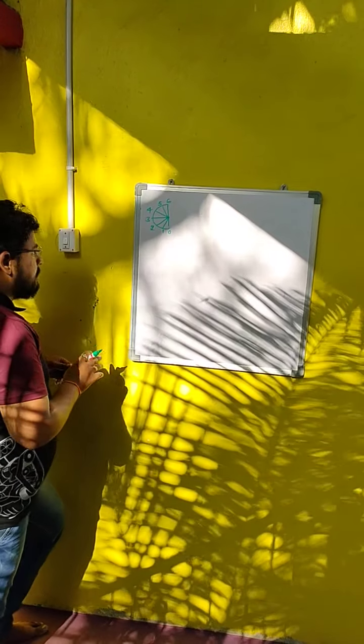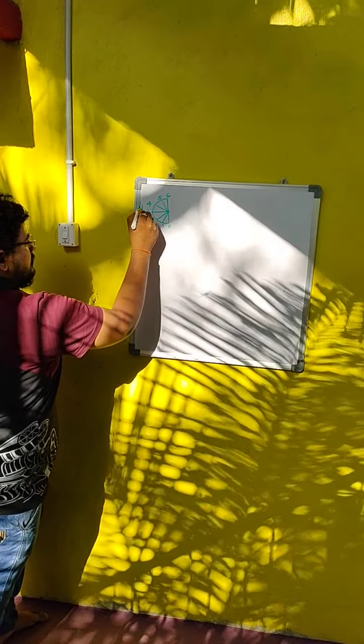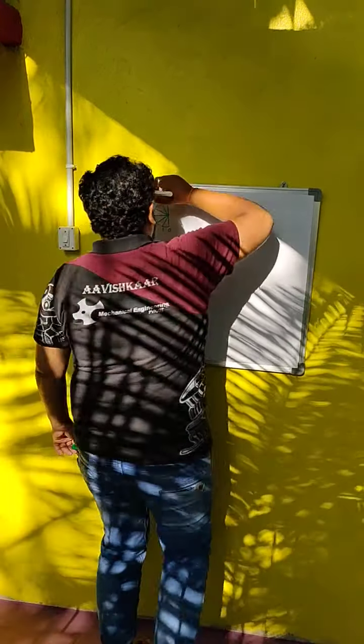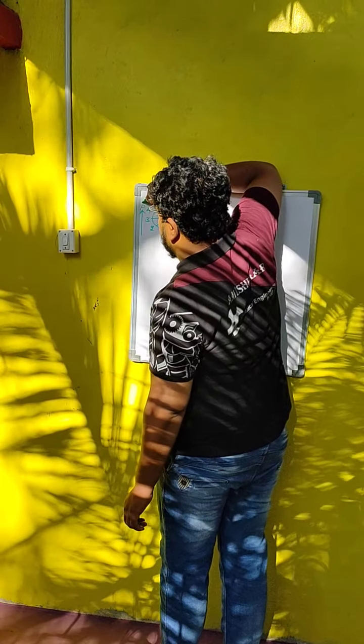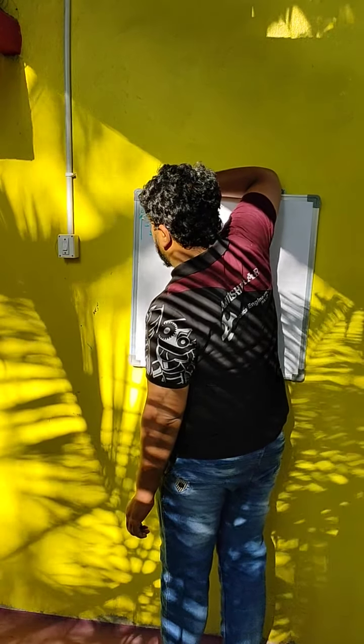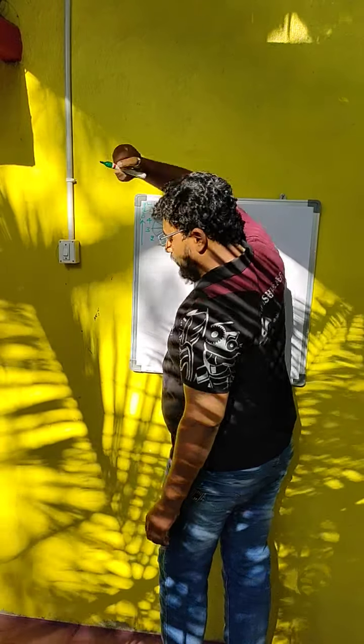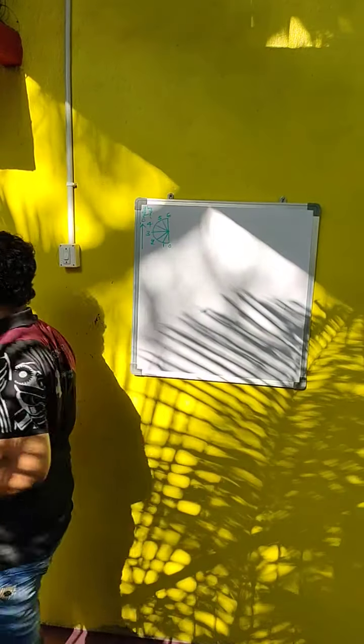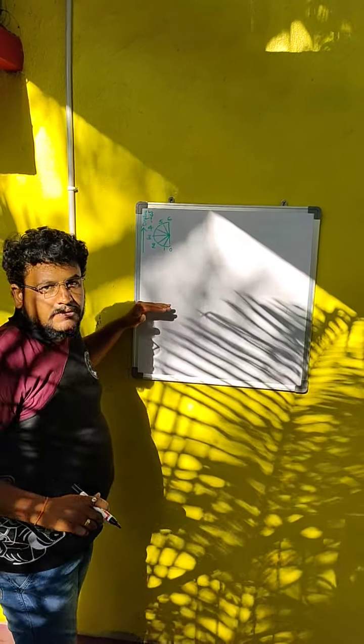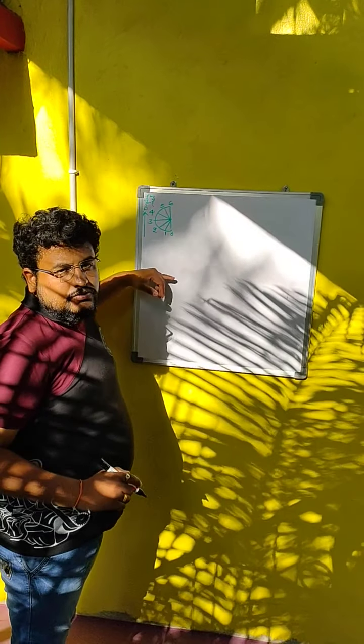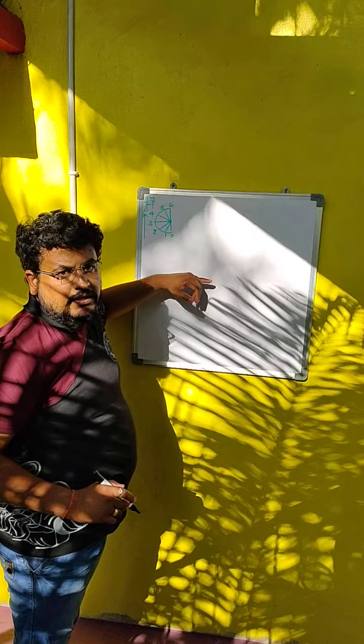And here the ordinate represents displacement and the abscissa represents motion of the cam.